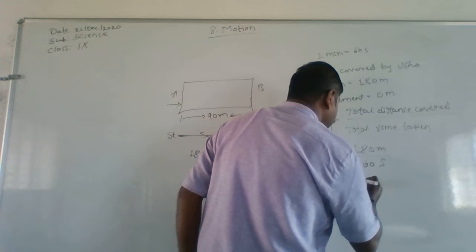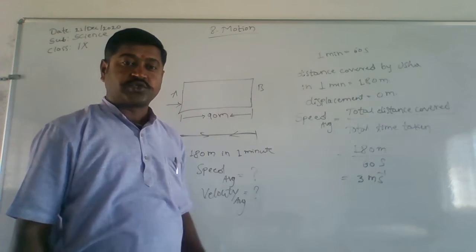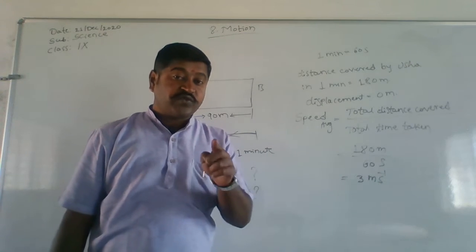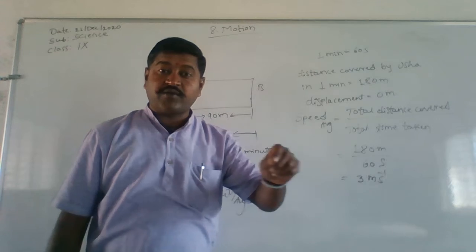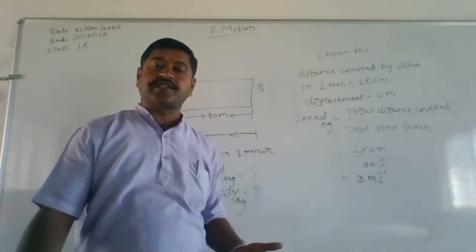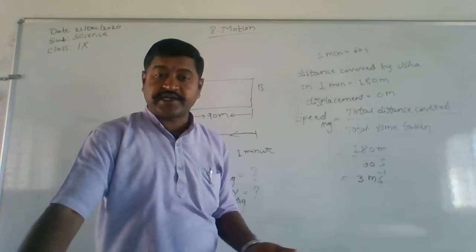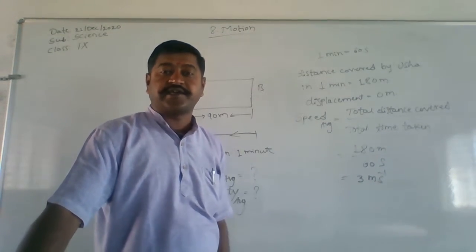So it gives 3 meter per second. So the average speed of Usha is, she is covering 3 meters for every 1 second, right. So for every 1 second, how much is she covering? She is covering 3 meters. So the average speed of Usha is 3 meter per second.